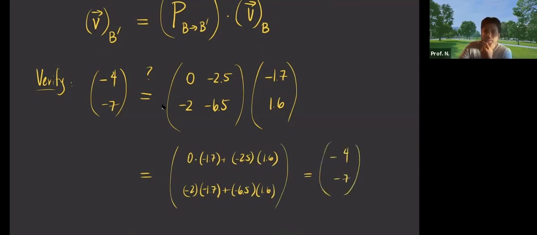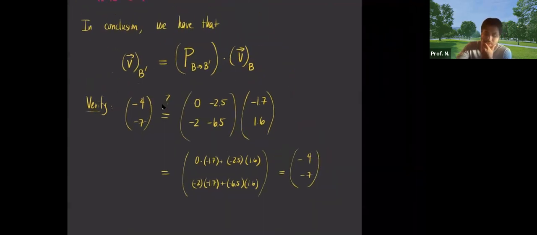So this just verified the fact that this transition matrix that we found is indeed the transition matrix that takes the coordinate vector relative to the old basis, and when you multiply this, gives you the coordinate vector relative to the new basis. So why is this good?